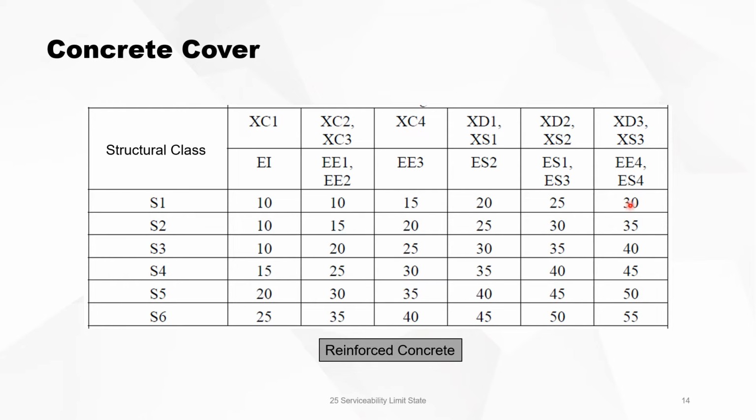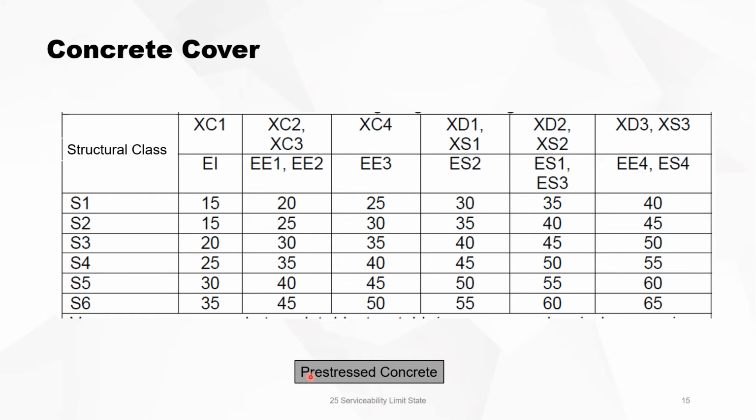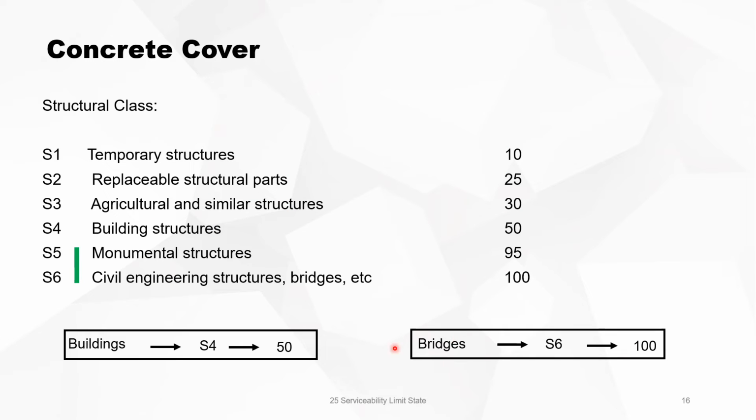If you have a bridge, it's XD4, and it's S6 as a class, then you have at least C min dur of 55 millimeters. We have a similar table for pre-stressed concrete. The structural class, just to remind you, is S1 to S6, going from temporary structures to civil engineering structures like bridges.